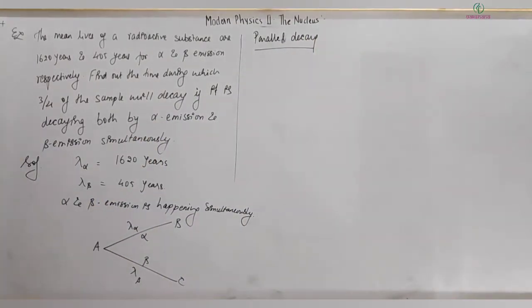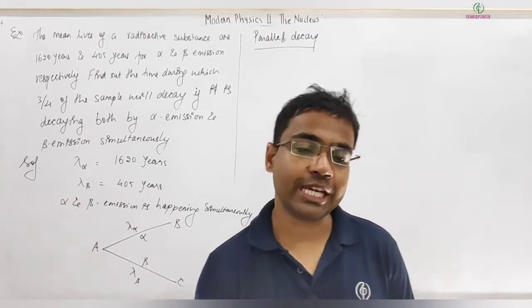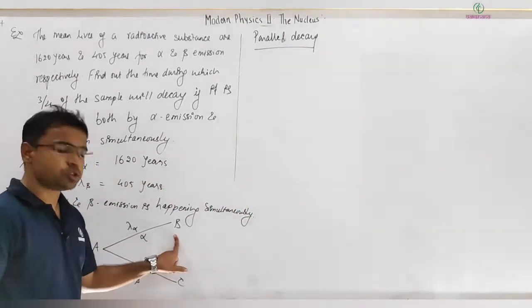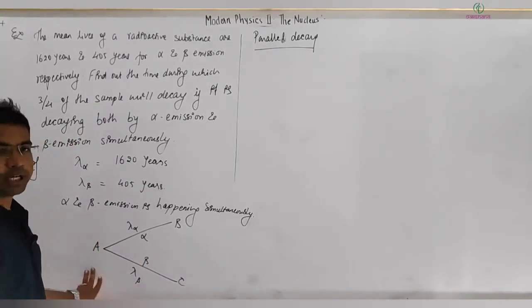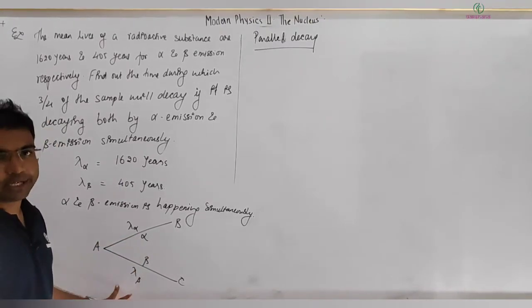Now it is asking for the time by which 3/4 of the substance A will be decayed. So first thing is, here we are not supposed to bother about B and C. We are still talking about A. So A is simultaneously decaying with alpha and beta decay.